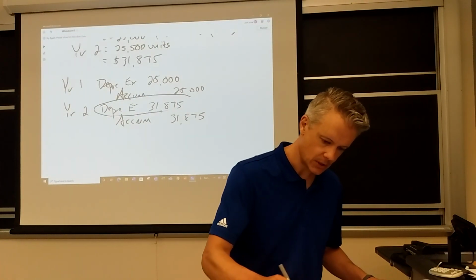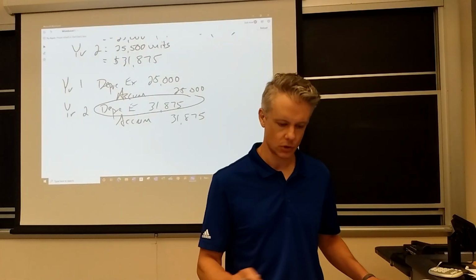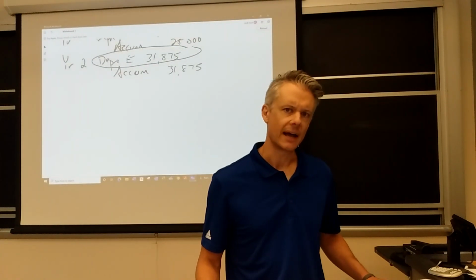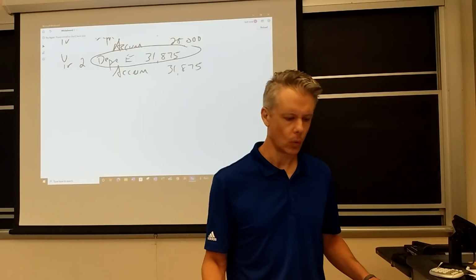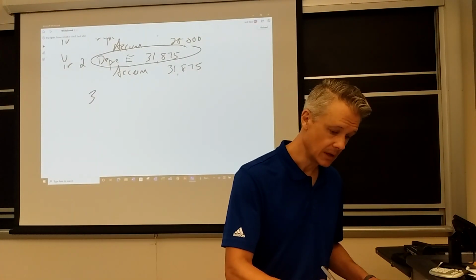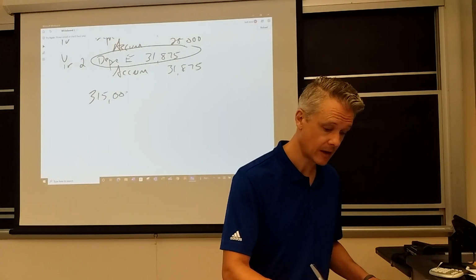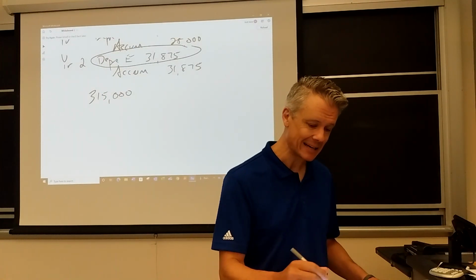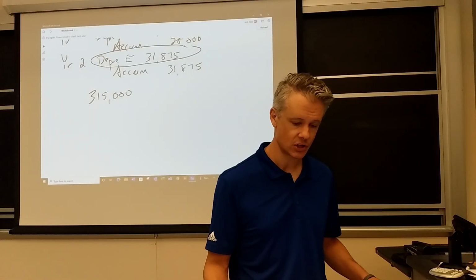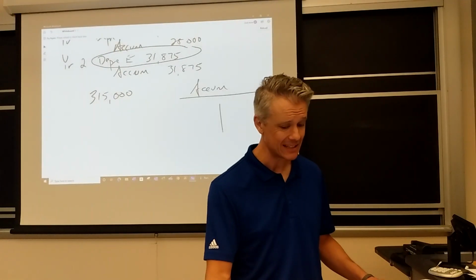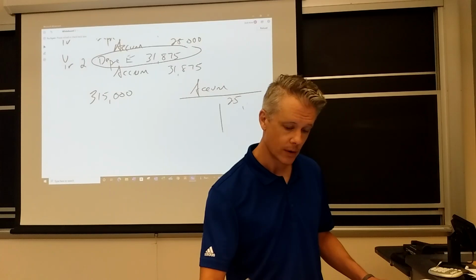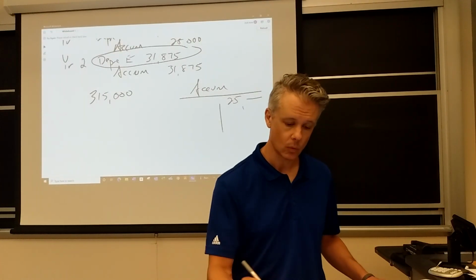So we know what depreciation expense is going to be for year two. If I asked you, well, what's ending book value at the end of year two, what would that be? It would be the $315,000 minus accumulated depreciation. So what's accumulated depreciation going to be at the end of year 2? We had $25,000 in year 1.